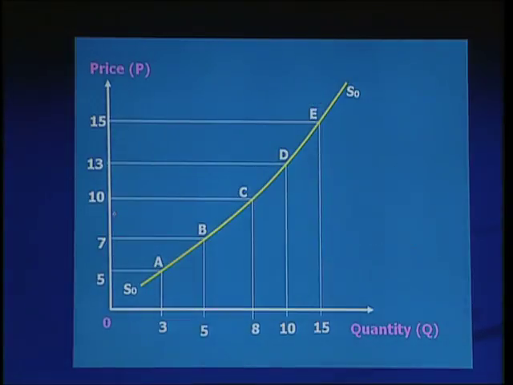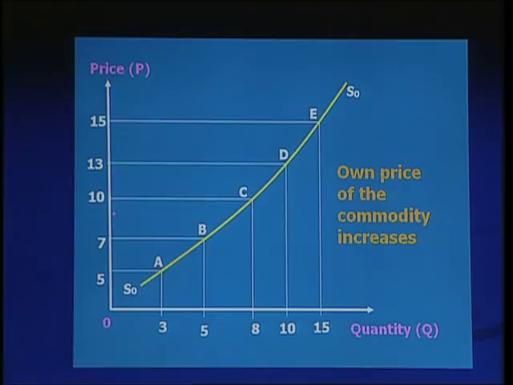Now, let us see what happens to the supply curve if the own price of the commodity increases. For example, if the price goes up from taka 7 to 13, we can see the quantity supplied of potato has increased from 5 kilo to 10 kilo.